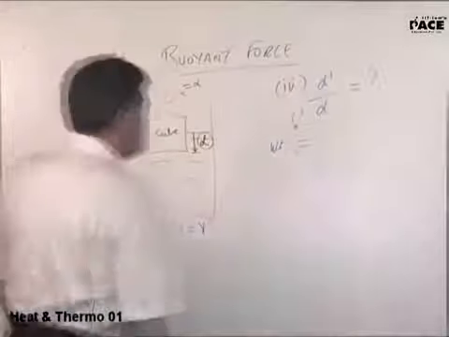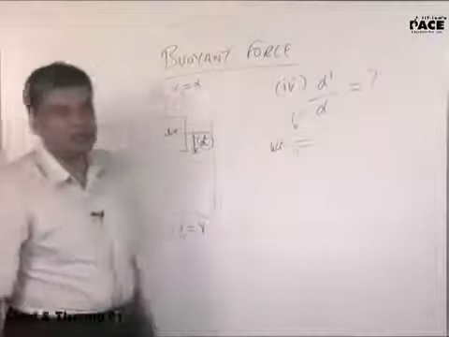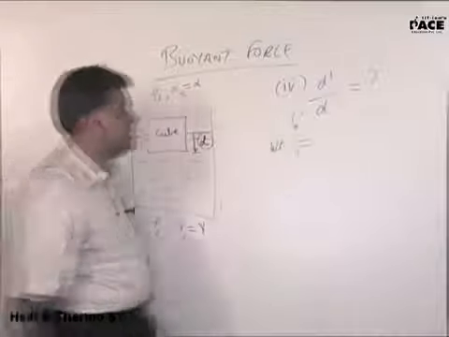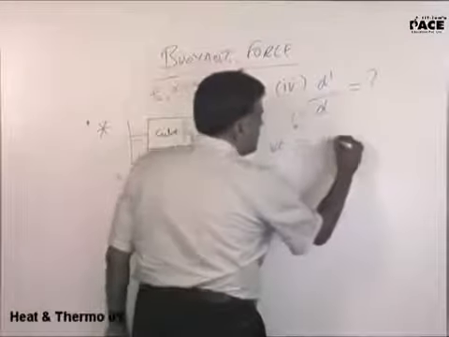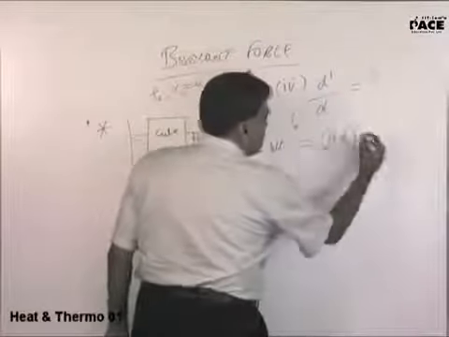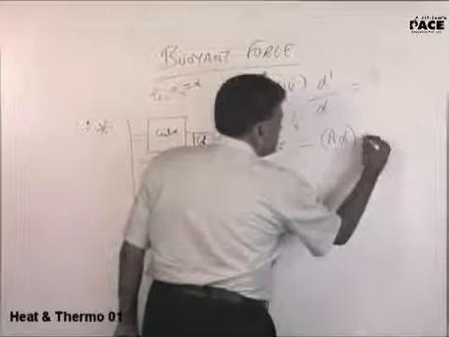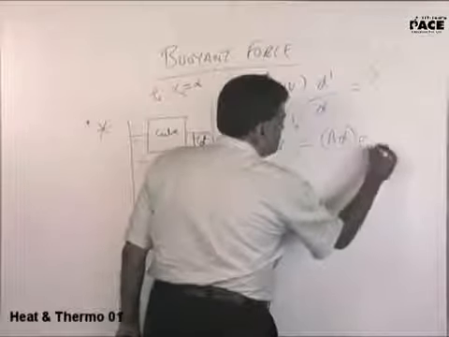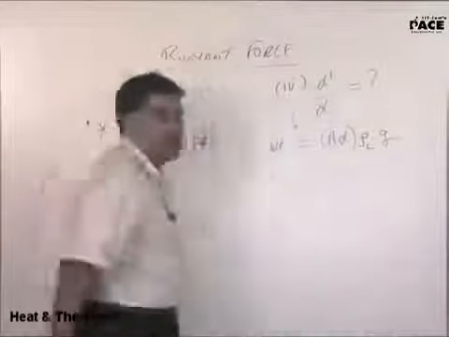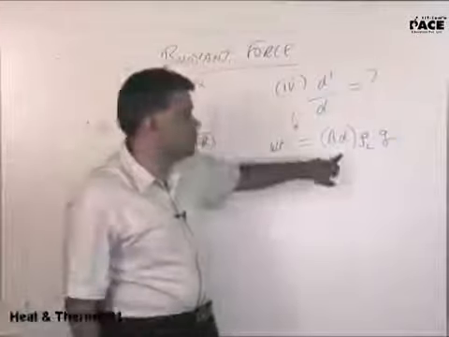Yeah. So initially the weight is being balanced by the buoyant force. This will be equal to area into D into density of the liquid into g. The weight of the cube will be equal to the volume displaced.